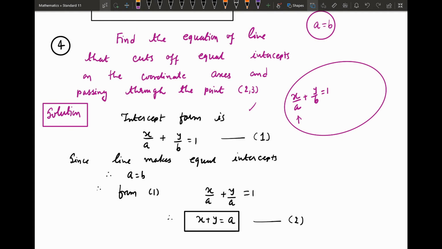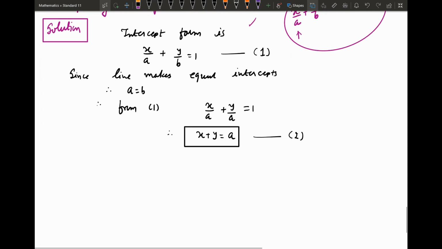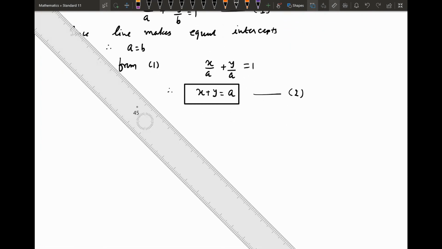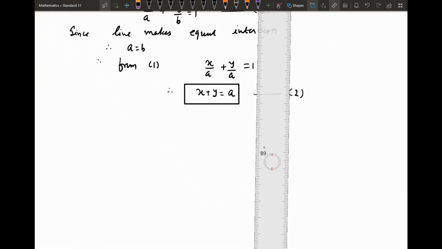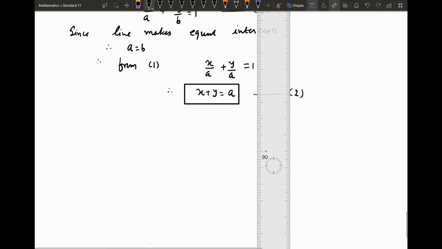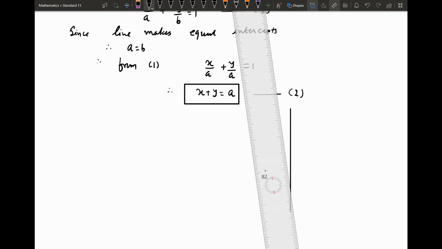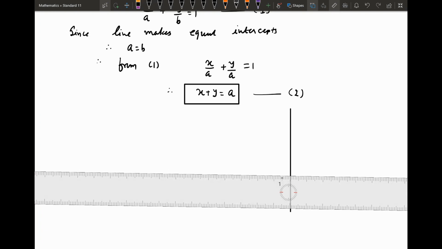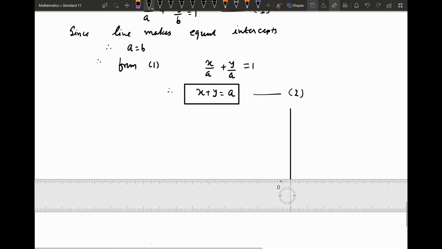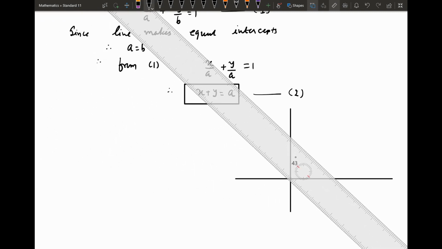But the line passes through (2, 3). Check this figure. This is for our understanding.